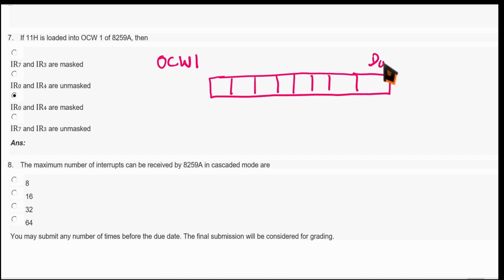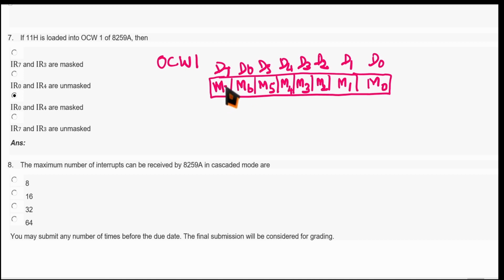That is this one D0, D1, D2, D3, and this is for interrupt 0. Whether you have to mask it or not, that will be decided by this bit. This is for interrupt 1, this is for 2, this is masking bit for 3, this is masking bit for interrupt 4, this is masking bit for interrupt 5, this is for 6, this is the masking bit for 7th interrupt.